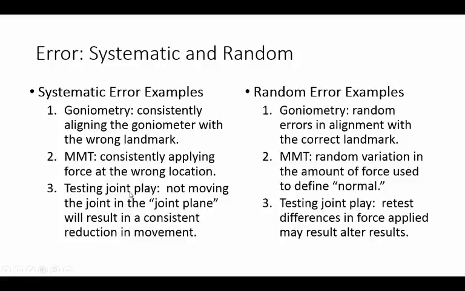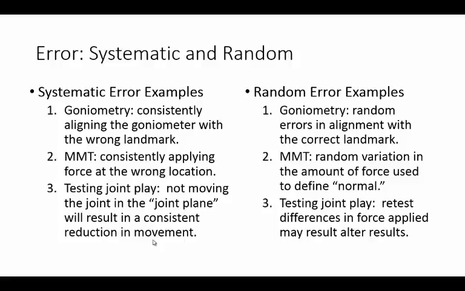If I'm testing joint play and I'm not putting the joint in the loose pack position, that will result in a consistent reduction in movement. The joint is not going to move as much as if I put it in the loose pack position. And if I'm doing this consistently, then I am creating a systematic or consistent error.